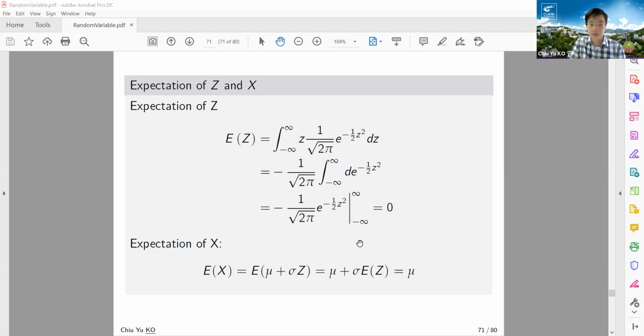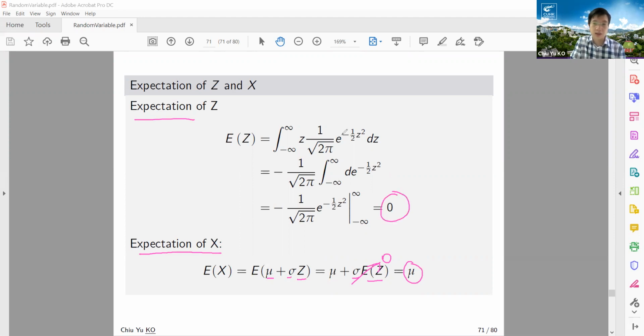But anyway, just forget about that. And because this mean is 0, then, because x is equal to mu plus sigma z, using the linear property, the expectation is mu plus sigma times the expectation of z, which is 0. So this is mu. Okay, so just trying to prove this: the mean of x is mu and this is 0.